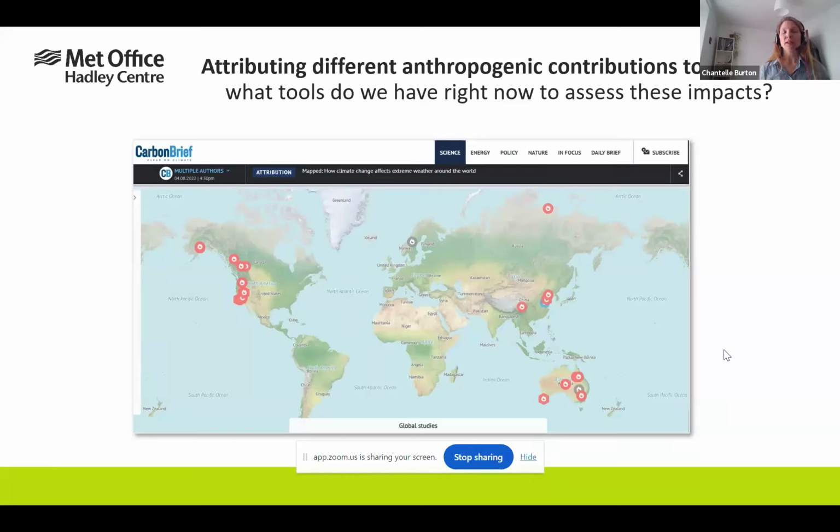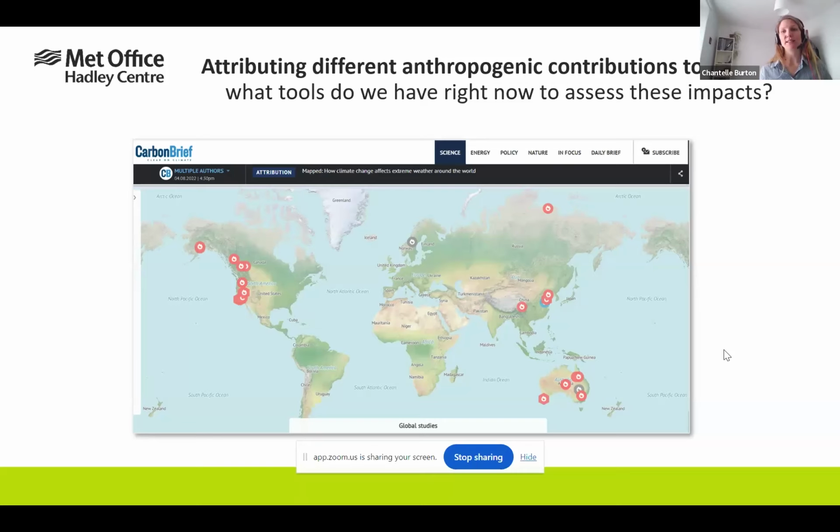With fire, you've got multiple meteorological drivers like temperature, precipitation, soil moisture, wind, lightning, but you've also got the human element, which is really difficult to represent in models. So human factors of ignition and suppression, which you can't always account for, and there's an element of stochasticity and randomness in that, as well as changes in land use due to humans, which affect the fuel load.